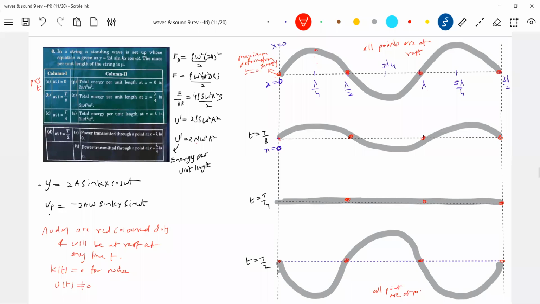For A, can I pick up P? Can I pick up Q? Not possible. Total again lambda, so x equal to 0 and lambda are nodes only. So this also is ruled out. So what shall I bring now? Power transmitted through a point at x equal to lambda is, we know node will be at rest, no?